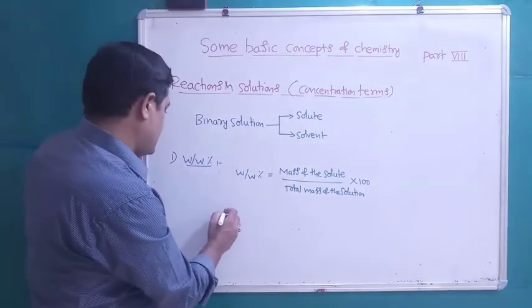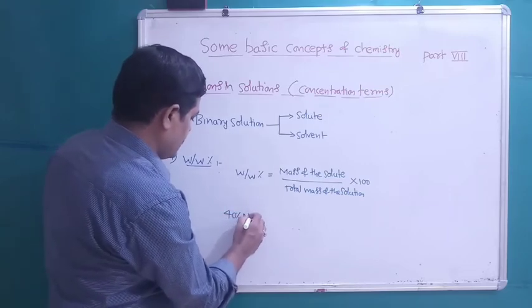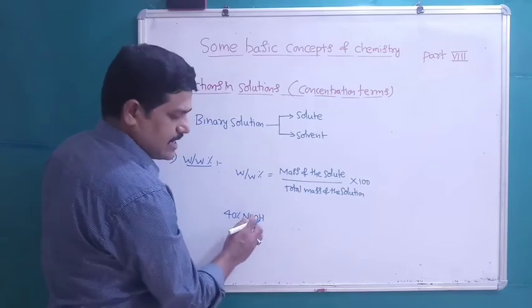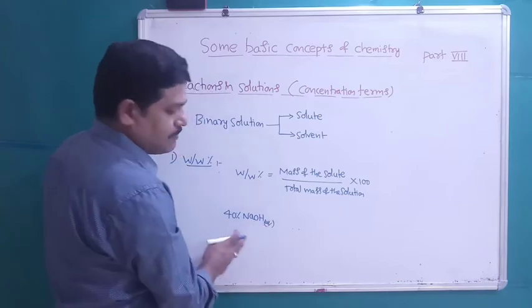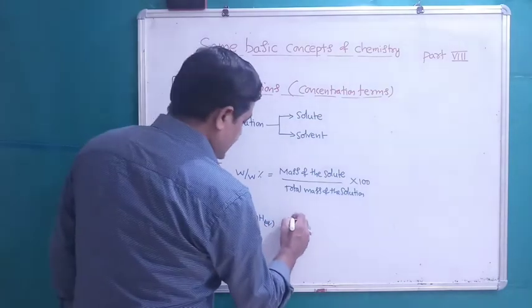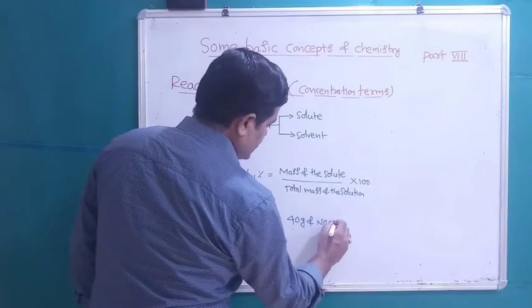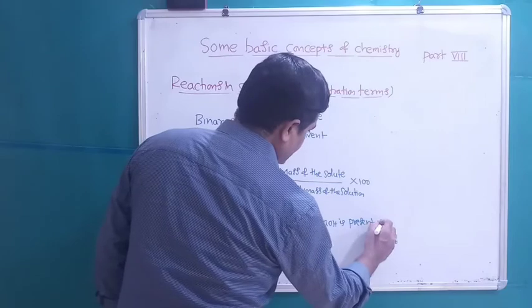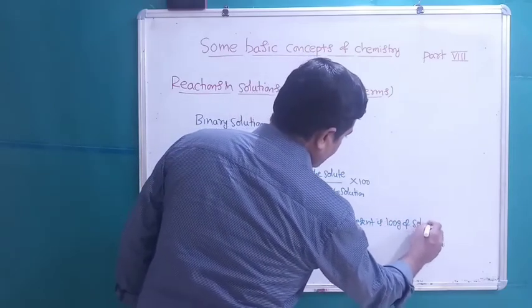For example, students, if it is given as 40% weight by weight NaOH aqueous solution, that means 40 grams of NaOH is present in 100 grams of solution.